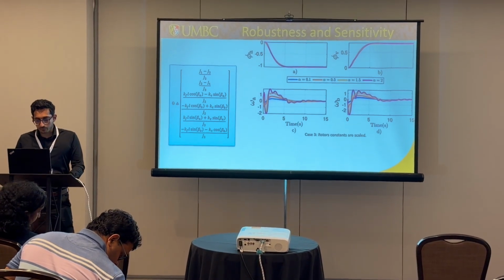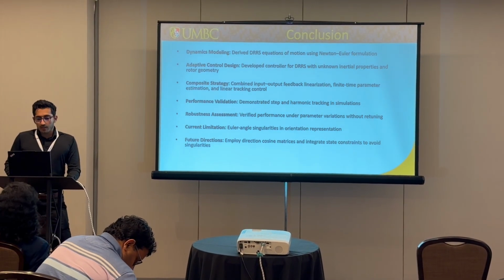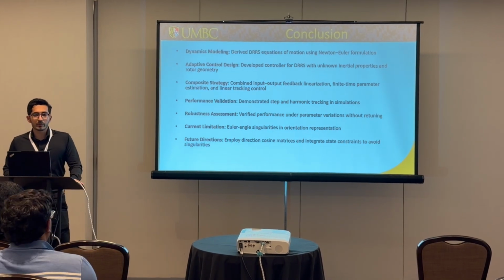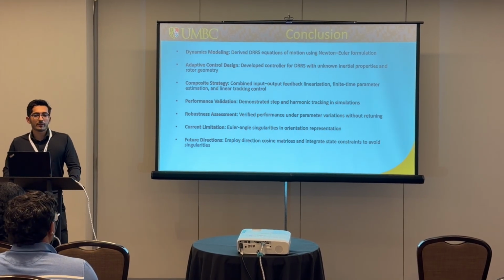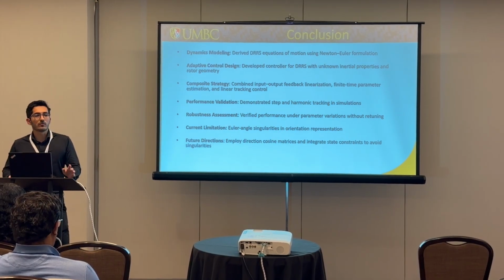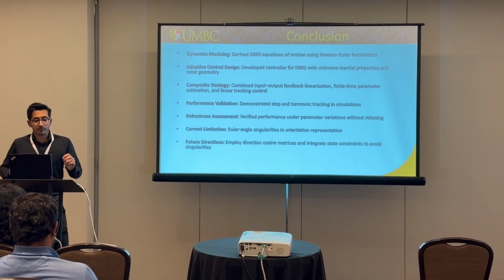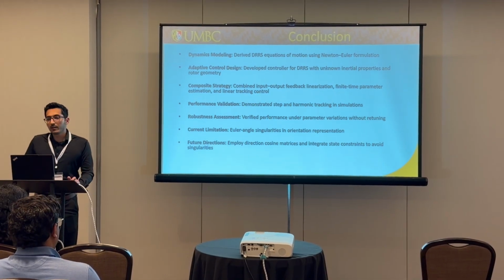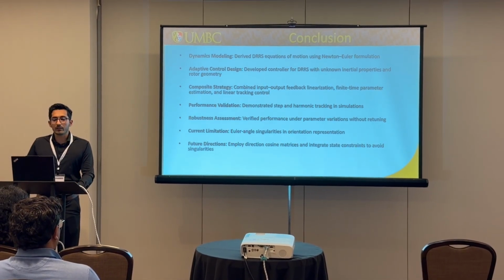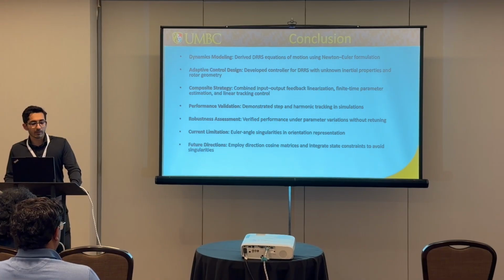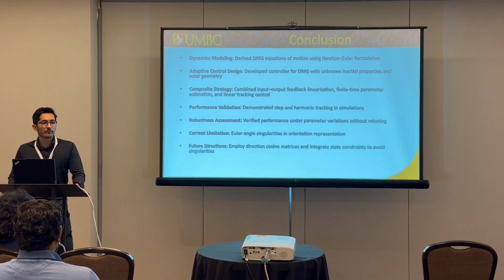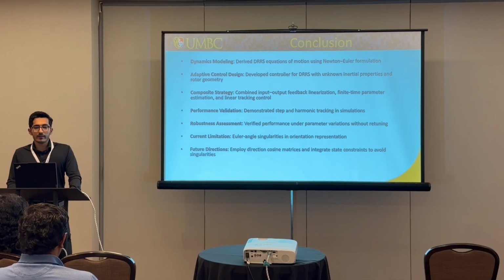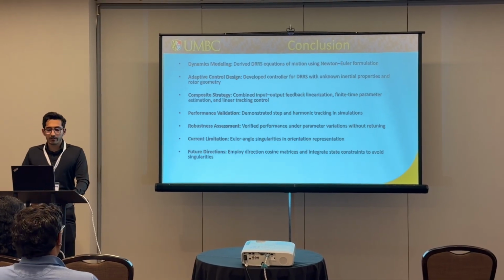In conclusion, we derived a mathematical model for a 2-degree of freedom rotational system, assuming unknown geometry of the rotors and variation in the angle with respect to the base. We designed a nonlinear controller and also an adaptation law for the unknown parameters, and we validated it through simulations.